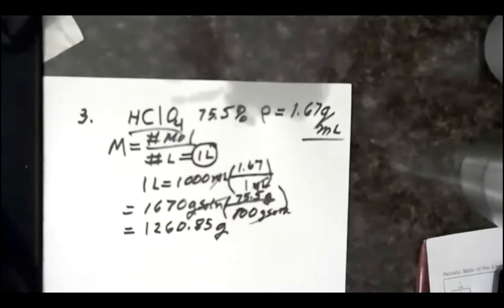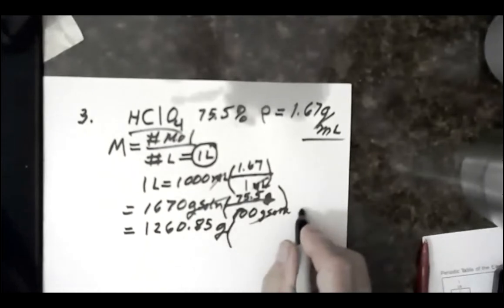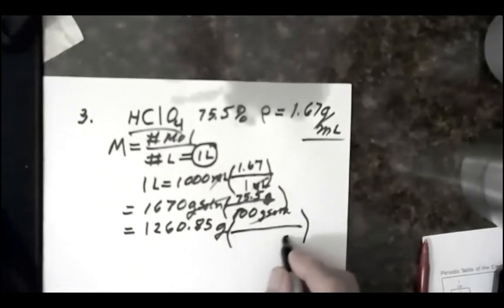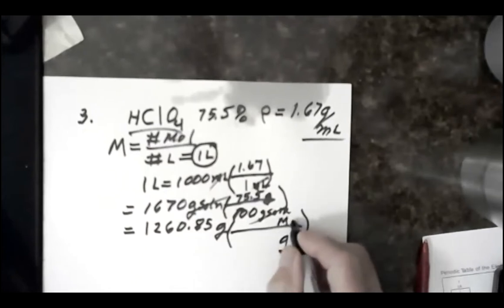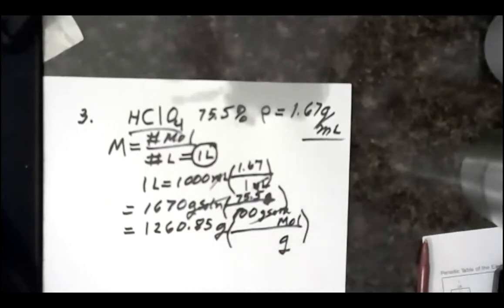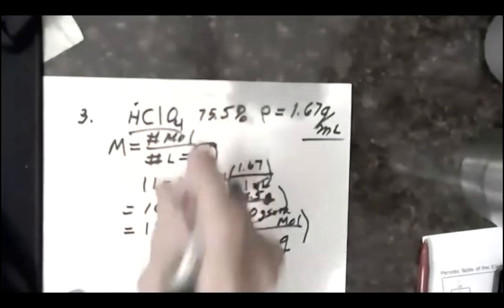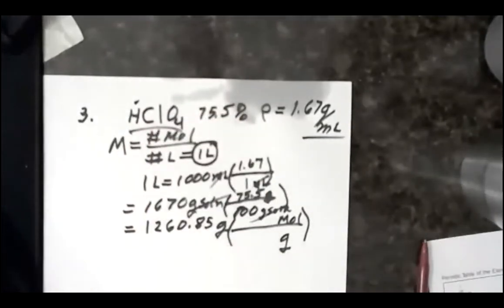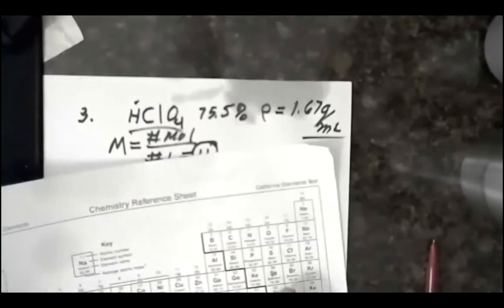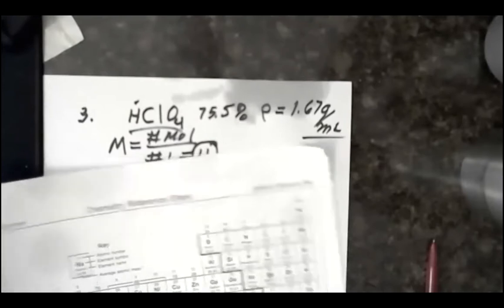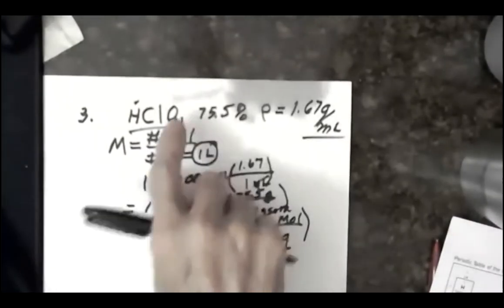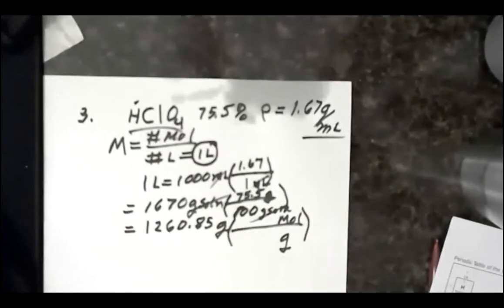Now all I have to do is get the number of moles. Well, I want to convert grams to moles for perchloric acid. And I'm looking at my formula. It's got one hydrogen, so I'm going to take 1.008, that's the hydrogen mass, plus chlorine. Chlorine off the periodic chart, 35.45 plus, and it's got 4 oxygens, and that's 4 times 16 for oxygen, 16.00.